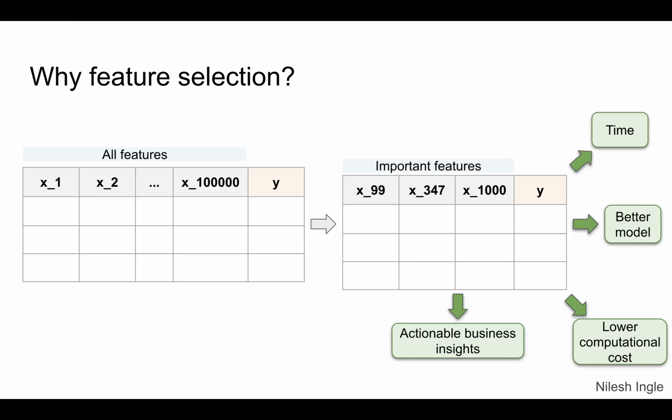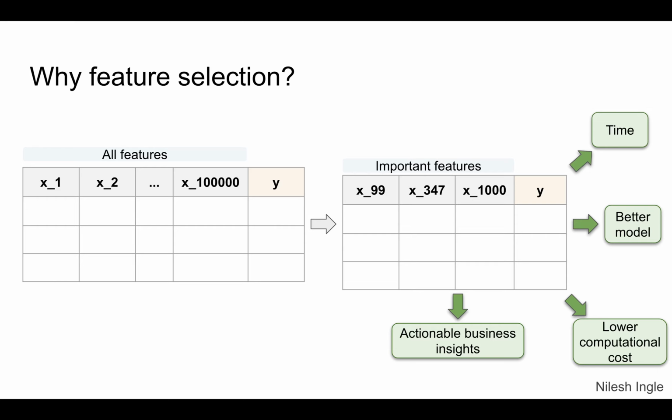So why is feature selection important? One of the reasons, as we talked about earlier, is it can help improve the accuracy of a prediction model. The second is that deciding on what features are important can help in making some business decisions.